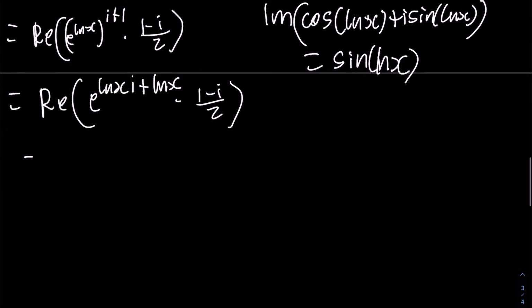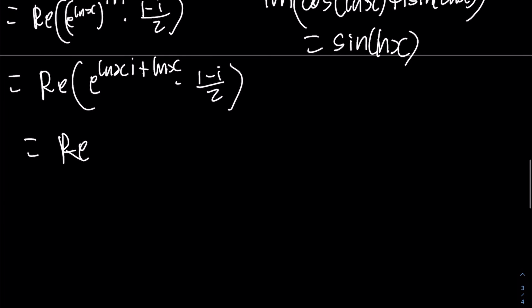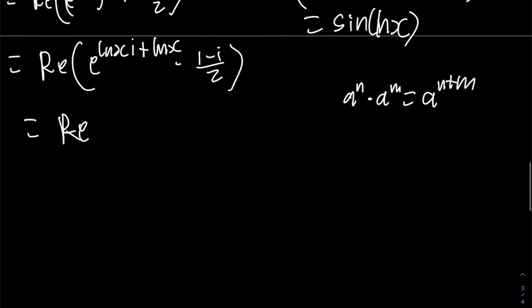Now, the second thing we see is that we can use, again, one of our index laws, the fact that if we have a to the n multiplied by a to the m, that's a to the n plus m. So we can use the reverse of this idea to break this exponent down. So we have the real part now of the expression e to the i ln x, and then multiplying using the reverse idea by e to the ln x times, once again, 1 minus i over 2.